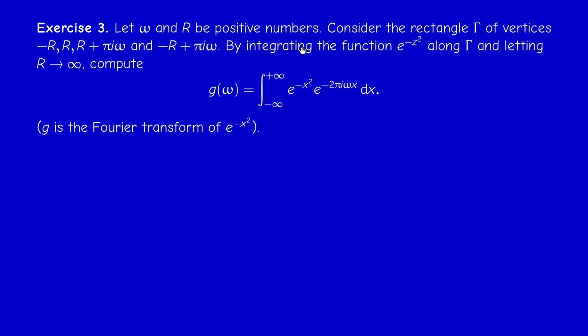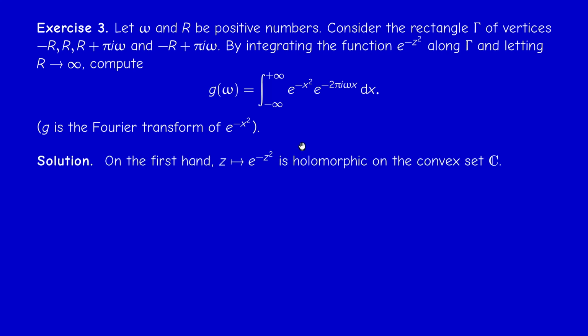By integrating the function e to the minus z squared along this loop and letting r tend to infinity, compute this complex integral of a real variable. And this has a name. You will learn soon that this is the Fourier transform of e to the minus x squared by definition. Of course, there are other ways to compute this Fourier transform, but this is the way using the complex variable method.